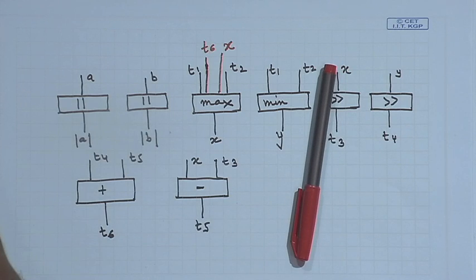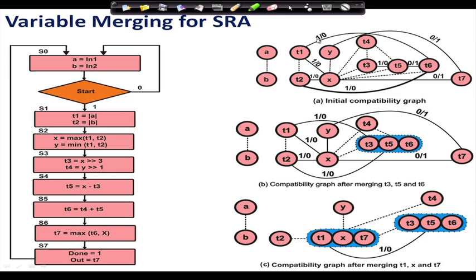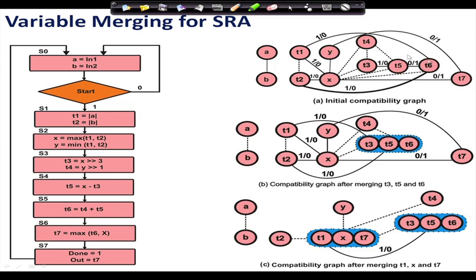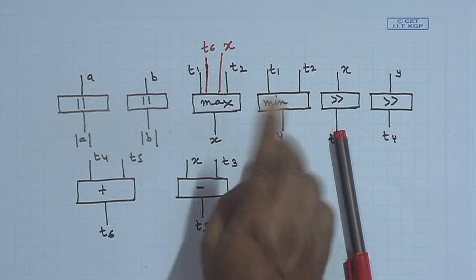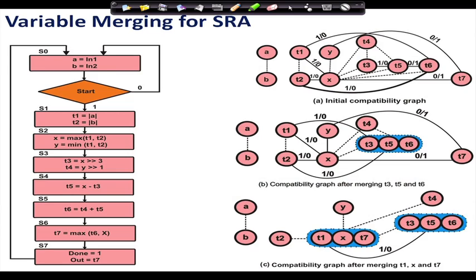They are sharing this component as inputs. Therefore, T1 and T6 have got one input common, no output common, because when next time this max is coming, the output is T7. So, that is a different output.